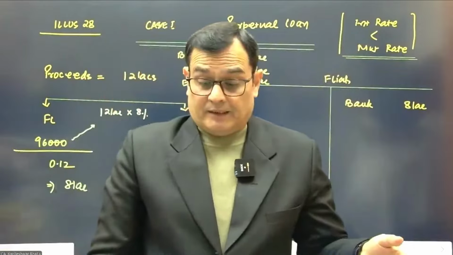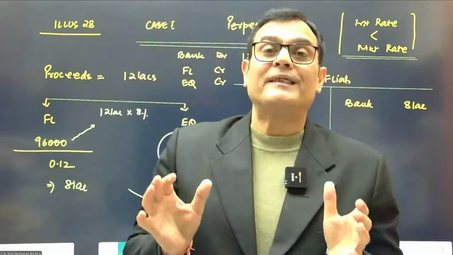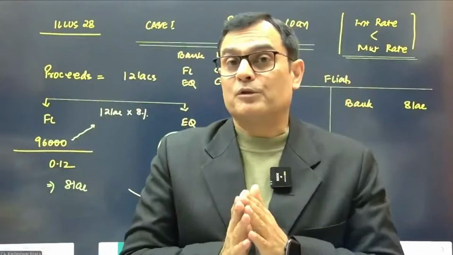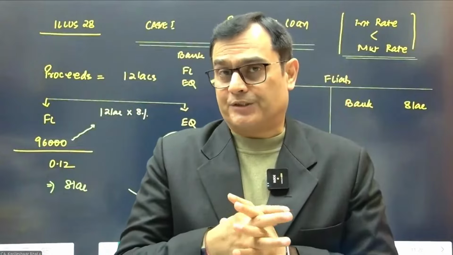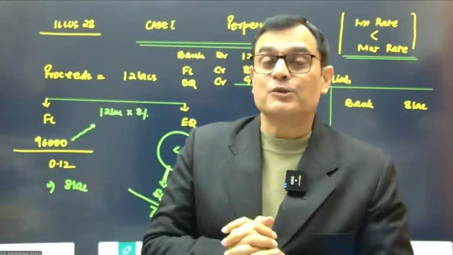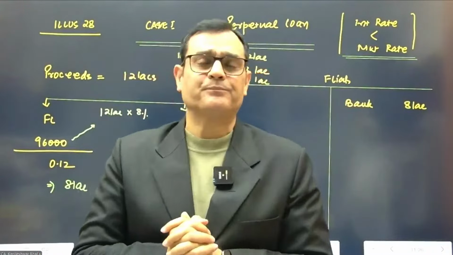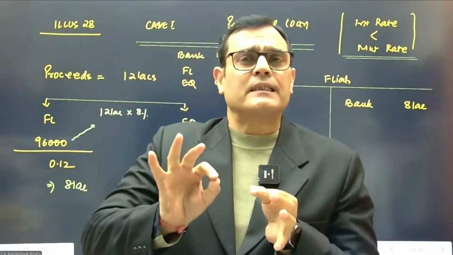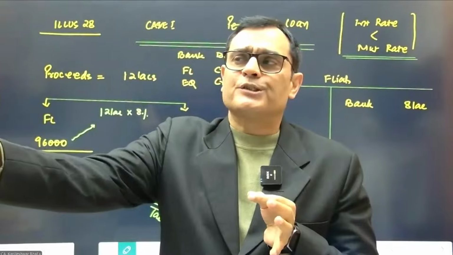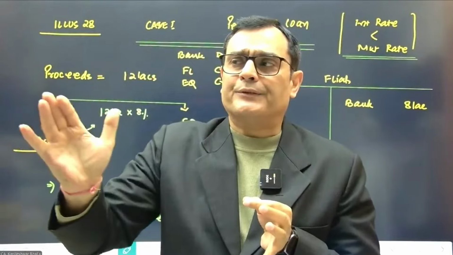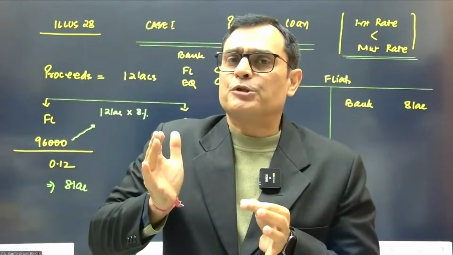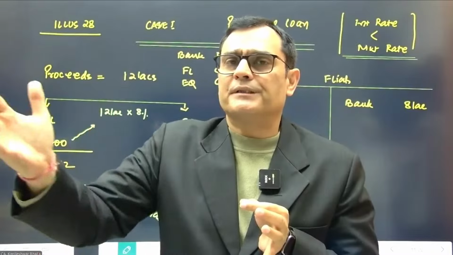Now, you need to understand there is one very important golden rule in the entire Ind AS. If you consider the present value, in the future we're going to do compounding.